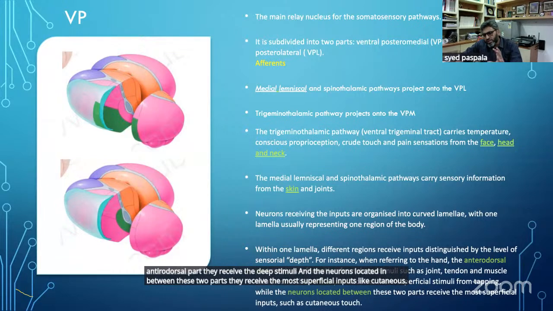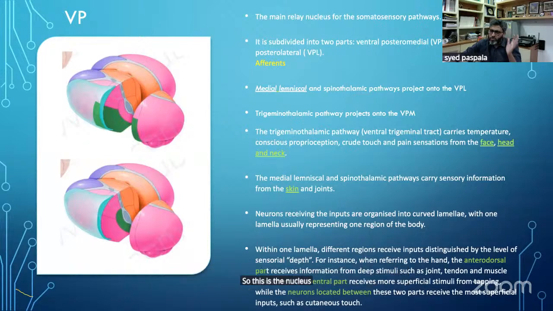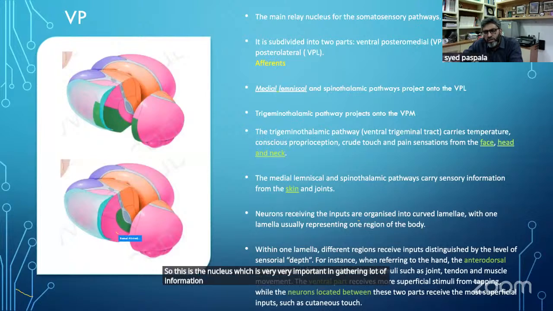So this is a very important nucleus in gathering a lot of information from both the head and neck, as well as the trunk. It processes and refines this information and sends it to the cerebral cortex.